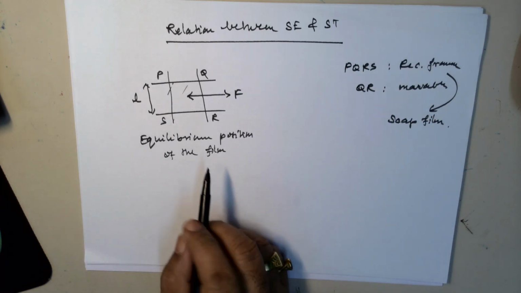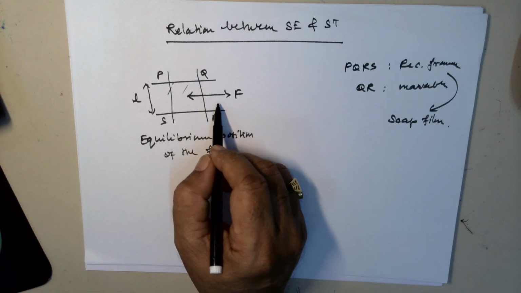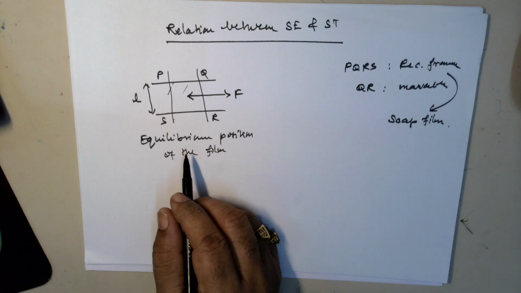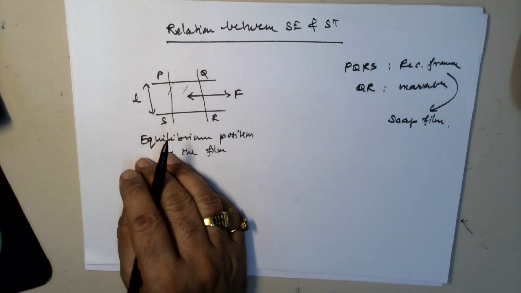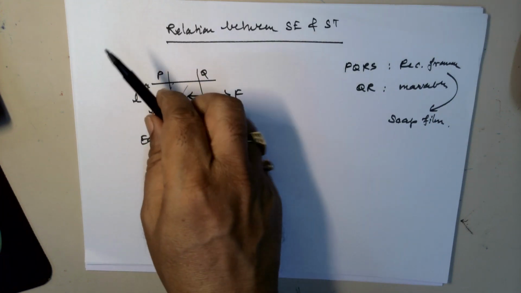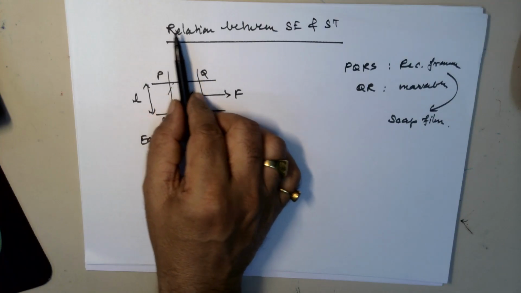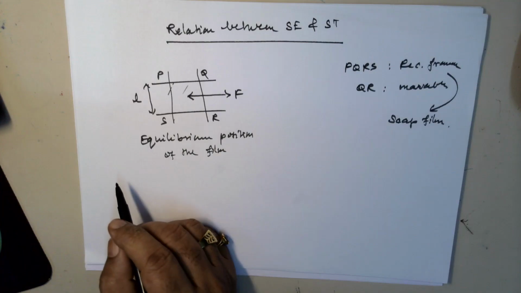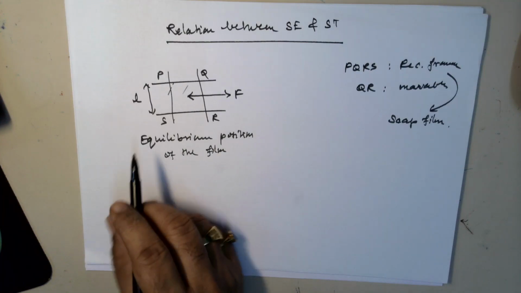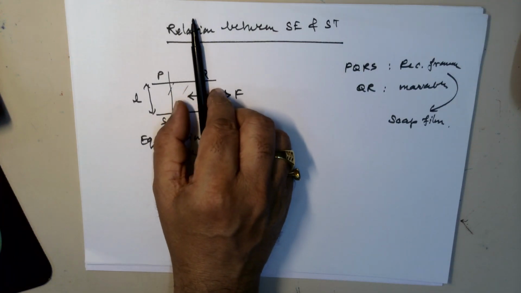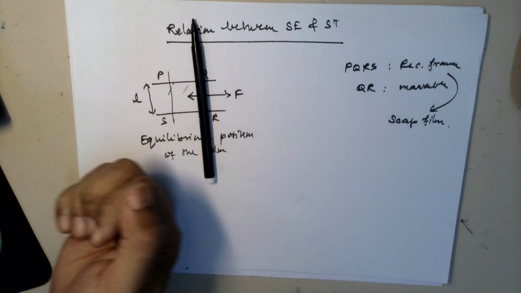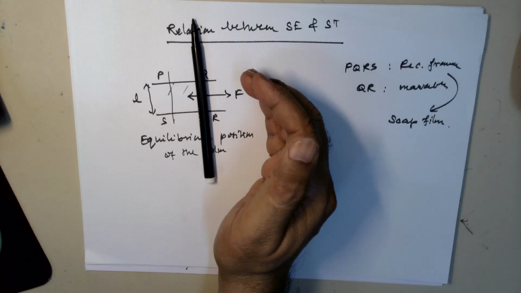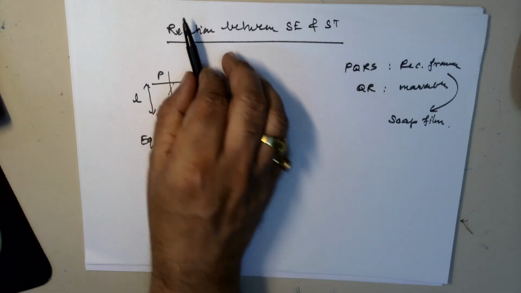Now the film pulls the movable wire, that is QR, due to the surface tension. What we have discussed, the liquid has a tendency to reduce the area. So the film pulls the movable QR due to the surface tension.